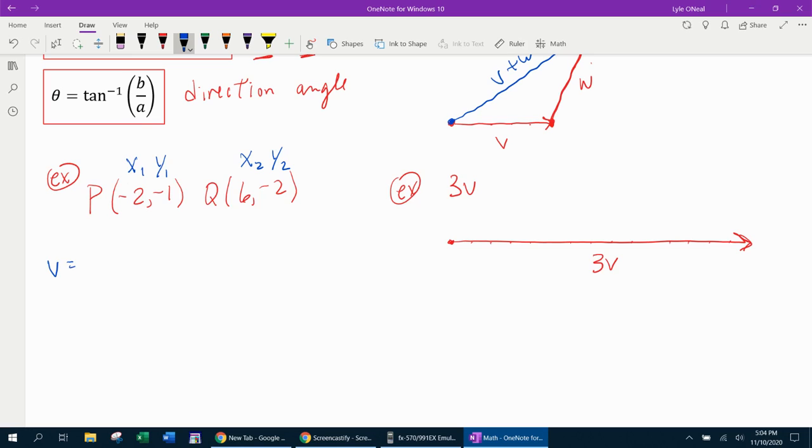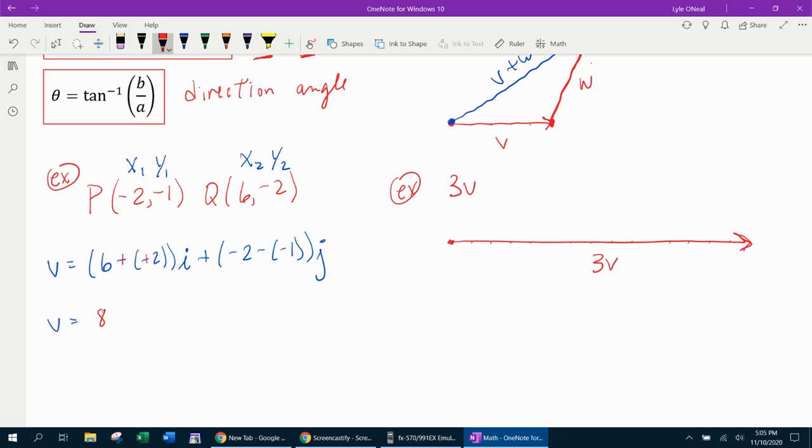And then we can plug into our two-point formula to find the vector. That was x2 minus x1, and that's going to be the i component of the vector, plus y2 minus y1, and that'll be the j component of the vector.